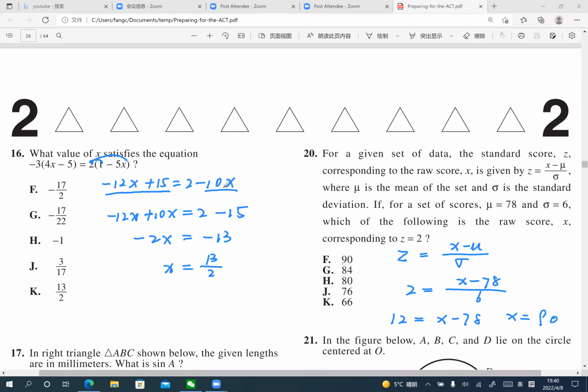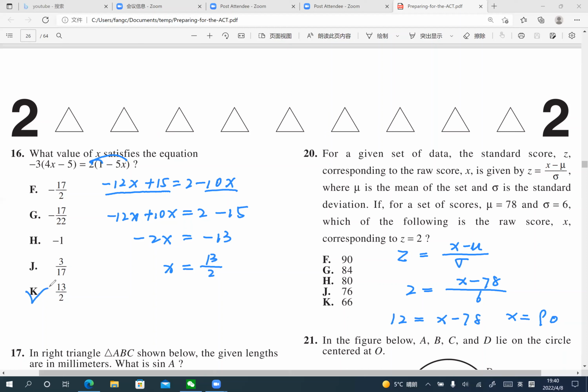Then combine the like terms, -12x plus 10x equals 2 minus 15. And the left side is -2x equals -13. So x should be equal to 13 divided by 2. We should choose option K.